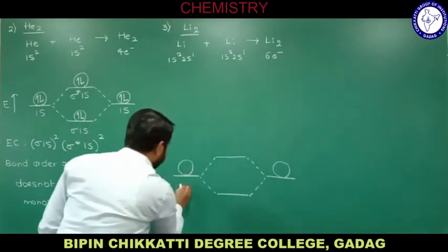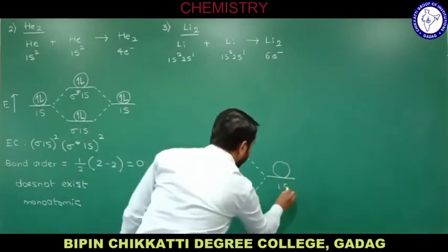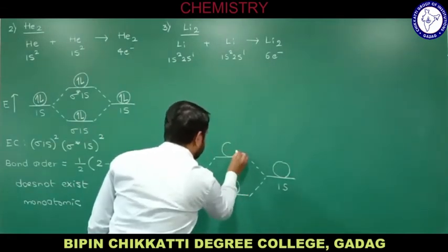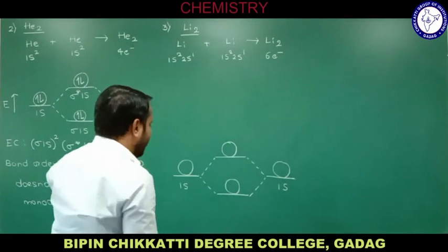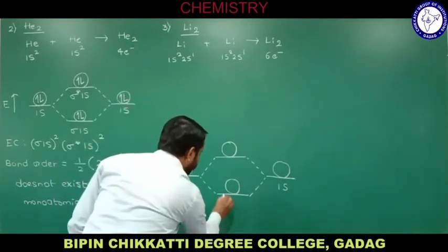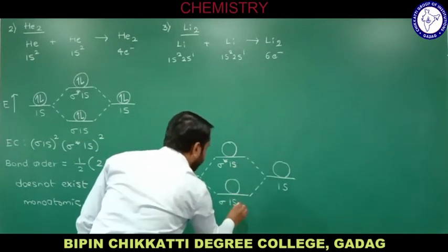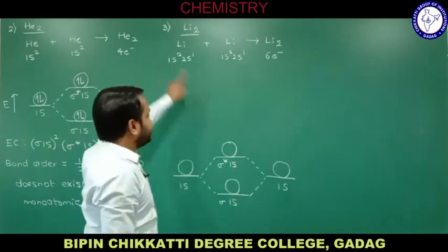From 1s you get 2 molecular orbitals like this: this will be BMO sigma and this will be ABMO sigma star.